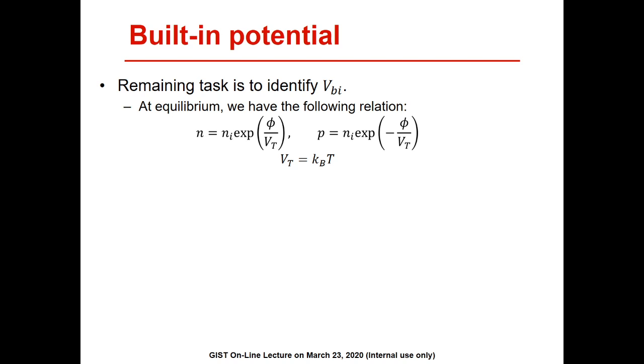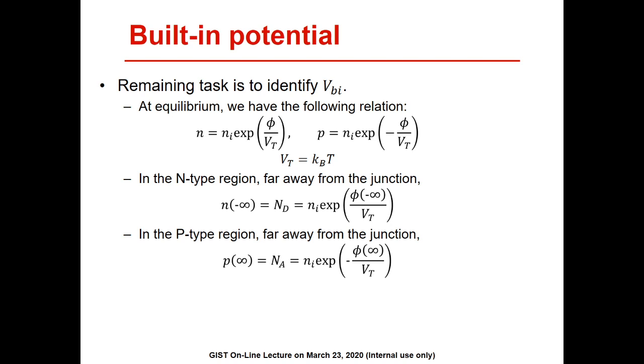By using these relations, we can easily find phi minus infinity and phi infinity. By combining them, the built-in potential is obtained in this form. The built-in potential depends on the dopant densities.